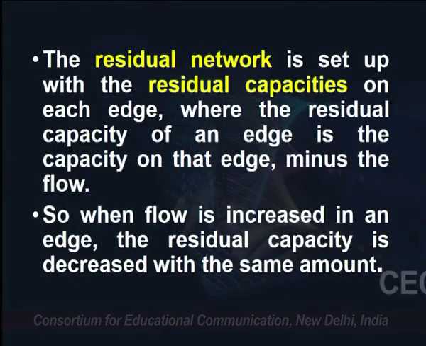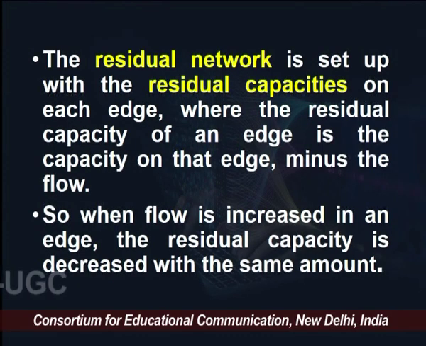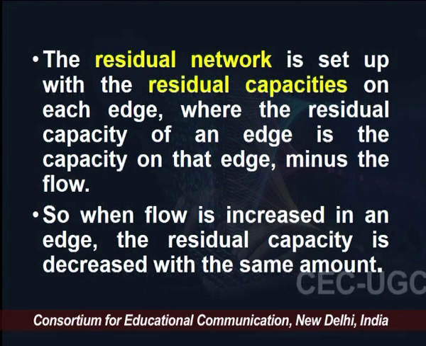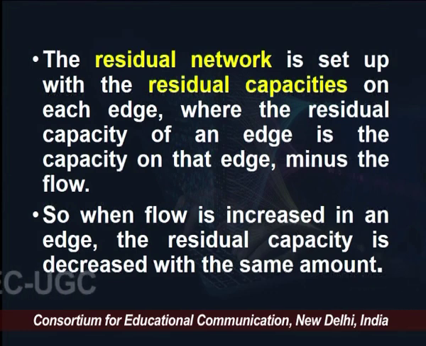Now, what is the residual capacity? The residual capacity of an edge is the capacity on that edge minus the flow. That means whatever capacity is left. So, for example, between V1 and V2, or between any two vertices, the capacity is let us say 7 and the current flow is let us say 3.